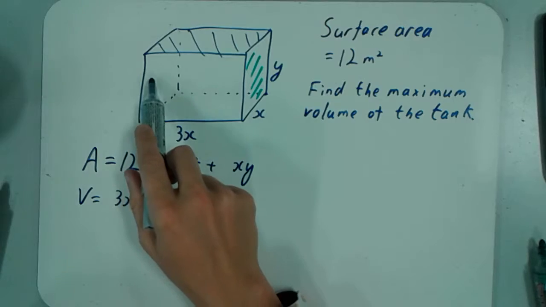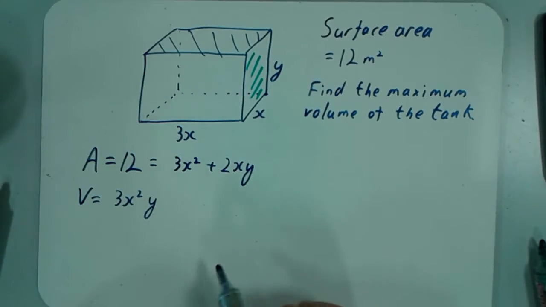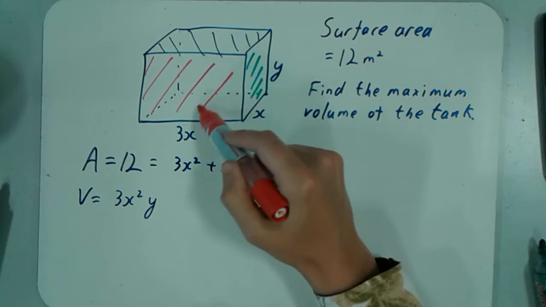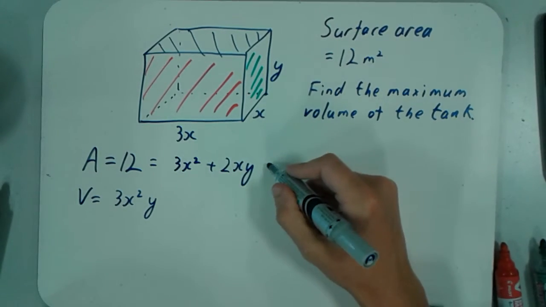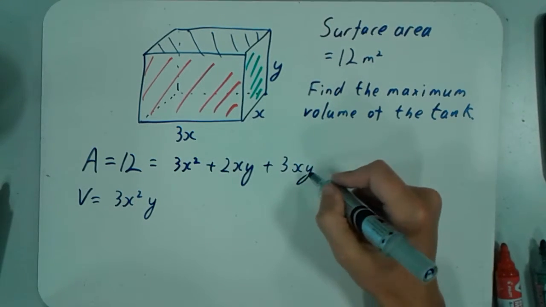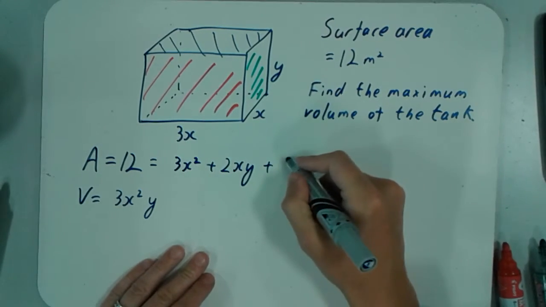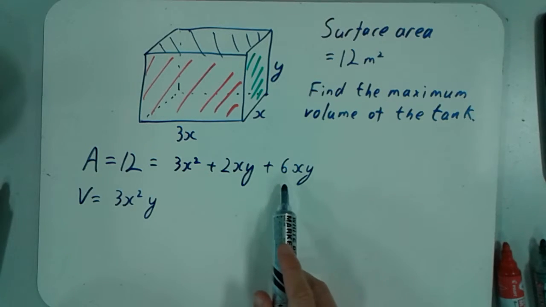We'll have another one of those over the other side, so we'll have 2 lots of xy. Similarly, we're going to have this big front face here. That's going to give us 3 lots of xy, but we'll have another one of those around the back as well, so we need to double that. We have 6xy.